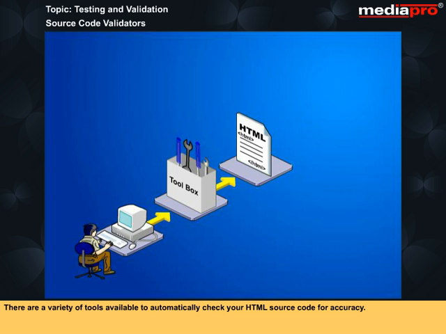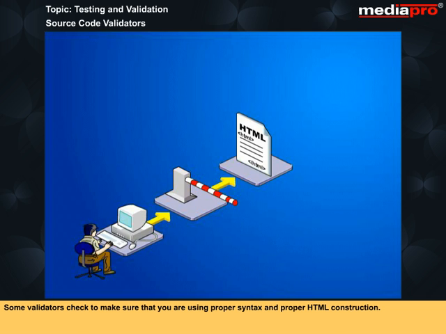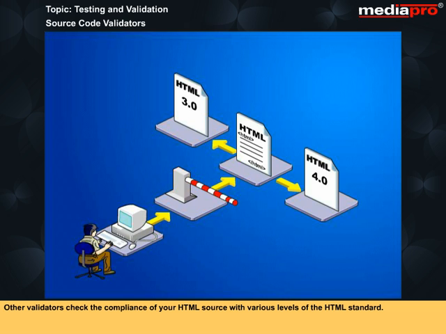There are a variety of tools available to automatically check your HTML source code for accuracy. Some validators check to make sure that you are using proper syntax and proper HTML construction. Other validators check the compliance of your HTML source with various levels of the HTML standard.